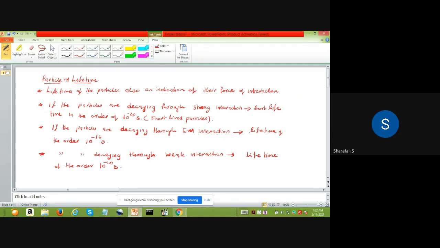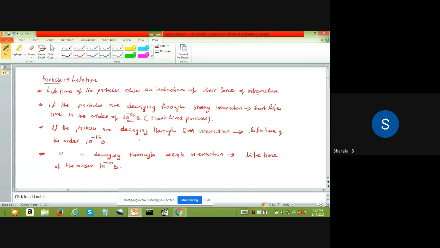So basically the lifetime of the particle will tell you what kind of interaction happens when it is decaying, or what kind of force is there. If the particles decay through strong interaction, they have a very short lifetime of the order of 10 raised to minus 20 seconds, and hence they are called short-lived particles.